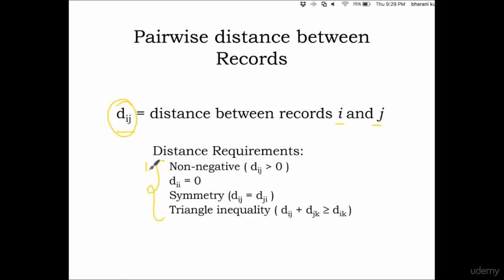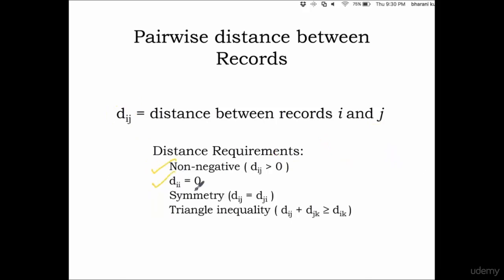First one, distance should be non-negative. Of course, can distance ever be negative? You start from a place and you go to a place, either in the forward direction or backward direction. The distance will always be positive, because there is a start point and a finish point. So the distance can never be negative. That's the first point that we need to bear in mind.